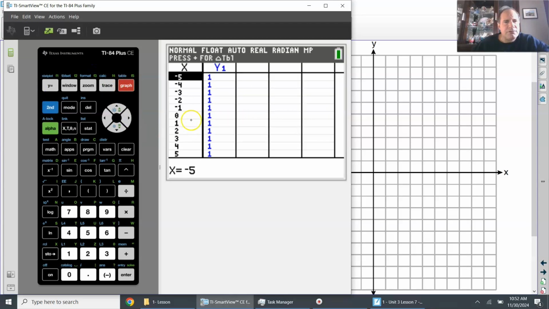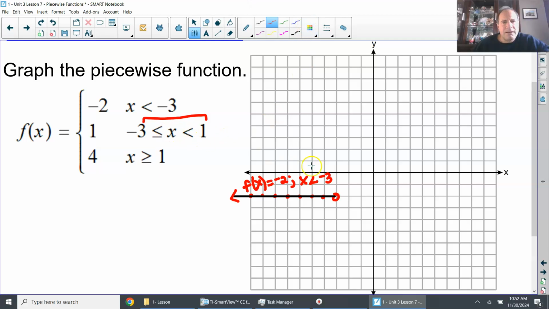So second function graph, we're going to go (-3, 1), closed circle, (-2, 1), (-1, 1), (0, 1), and then an open circle on 1.